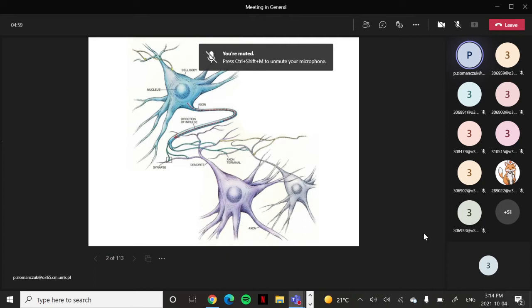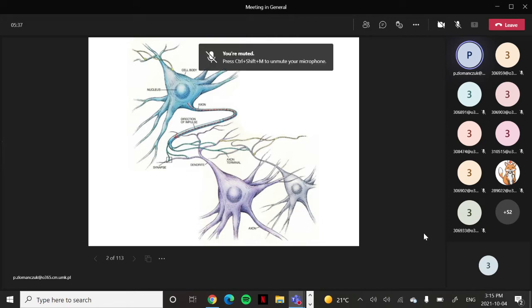Okay, so when we are talking about the nervous system in general, the first logical question to ask is, what is the general function of this system? We can name several functions we associate with the nervous system, but on the very general level, we can say that the main, distinguishing function of the nervous system is conducting and analyzing, sometimes generating, information.